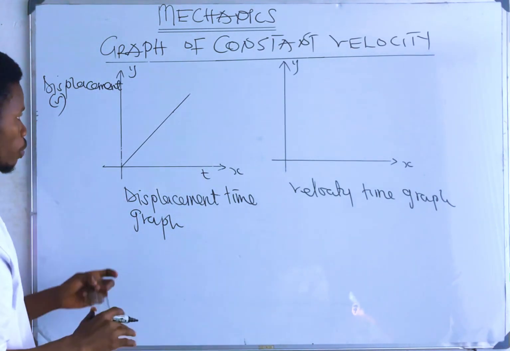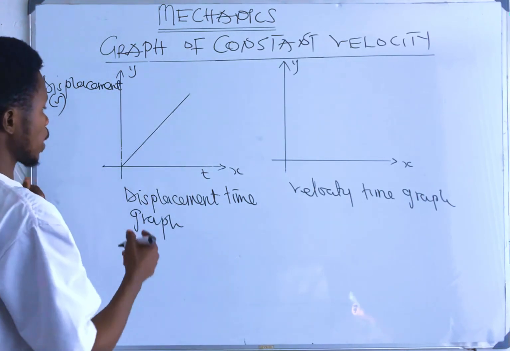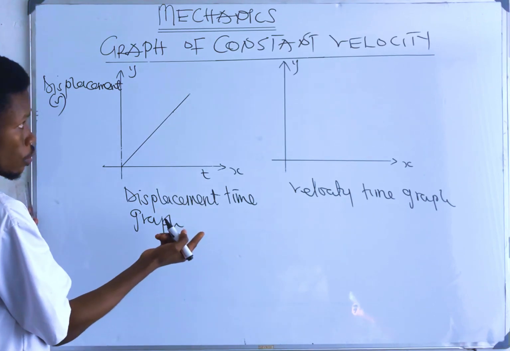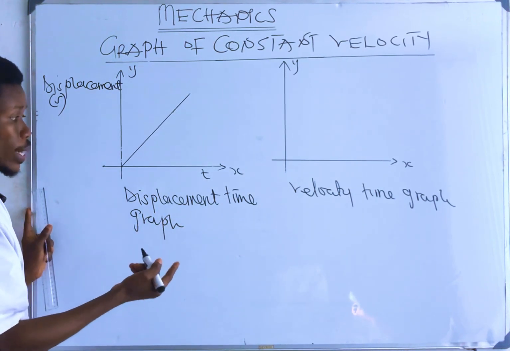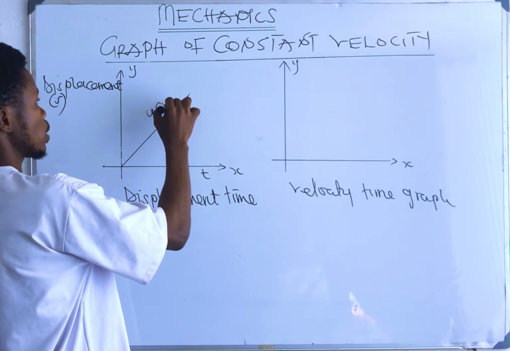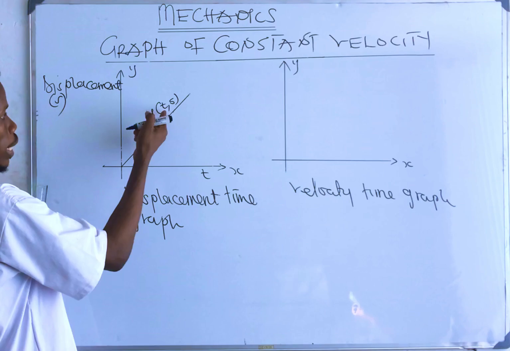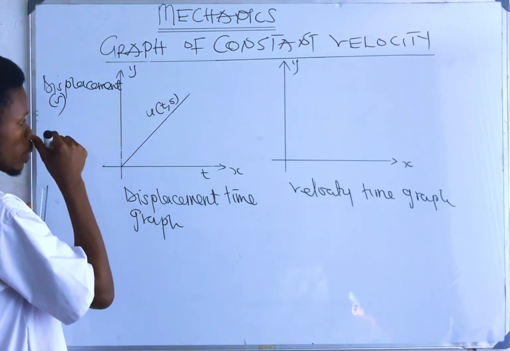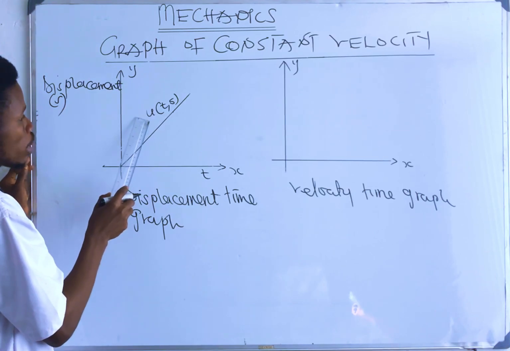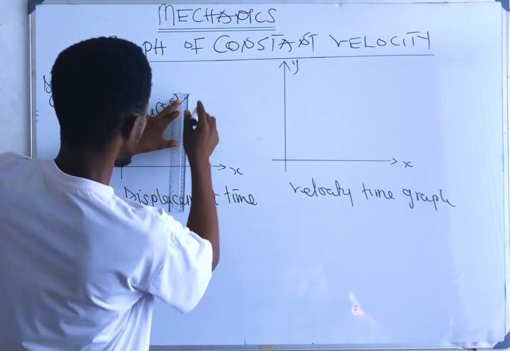If you look at this very well, this becomes the velocity, because displacement with time will still give you the velocity. Here it will be in terms of t, s, that's time with displacement. Normally this u becomes the gradient.